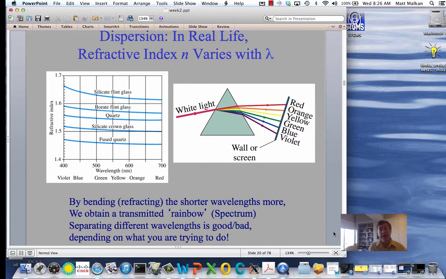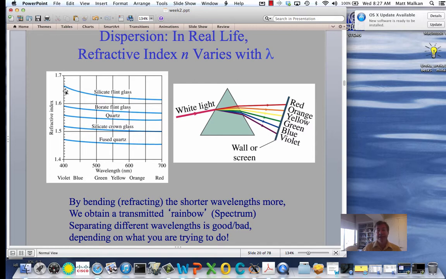And the reason for that is almost any kind of transparent medium you can think of, whatever dielectric material it is, the index of refraction invariably increases a bit as the wavelength decreases. So bluer light, when it passes through glass, for example, quartz glass, various kinds of glasses, as you make a shorter and shorter wavelength, go from 500, 450, 400 nanometers, which is blue light, you find that the index of refraction of the medium effectively becomes larger.